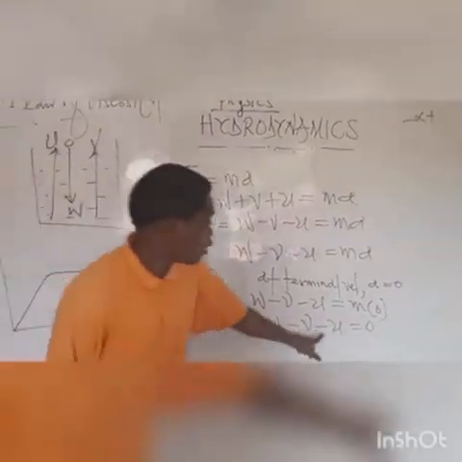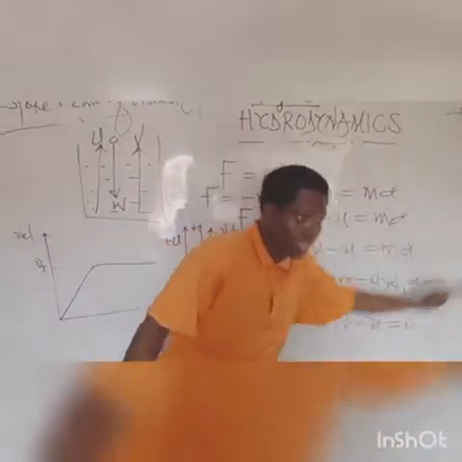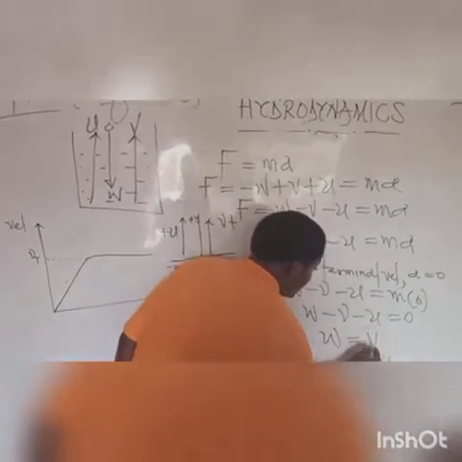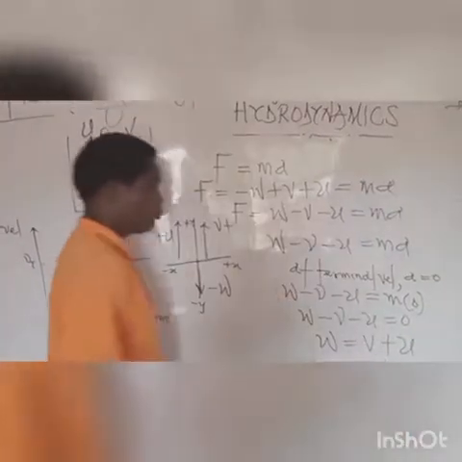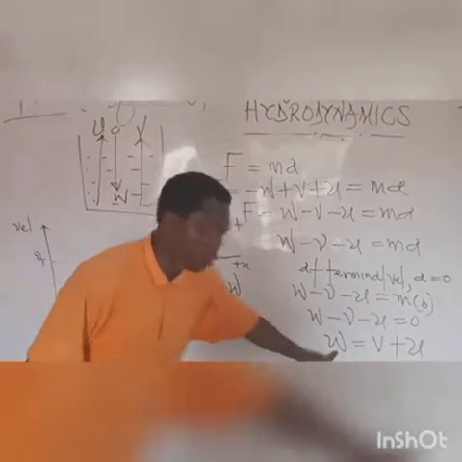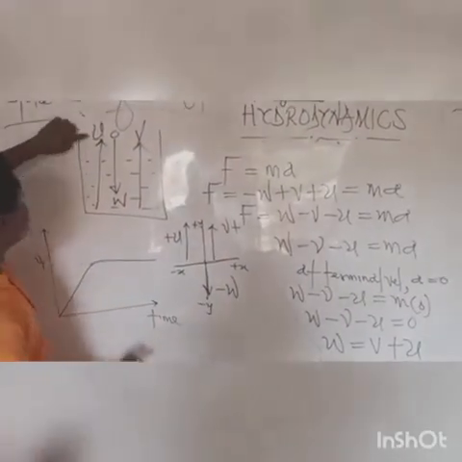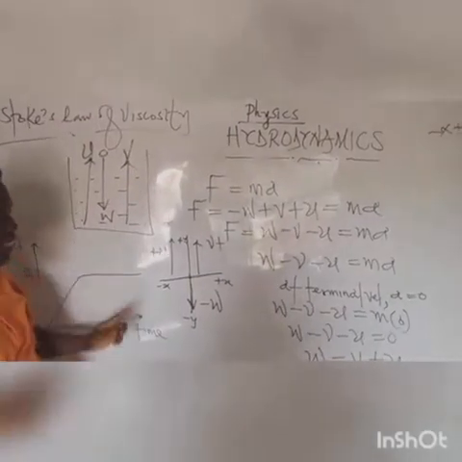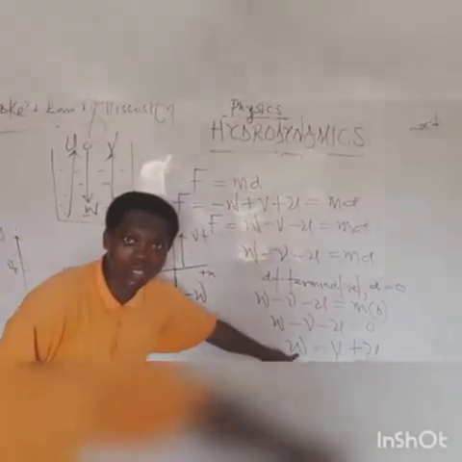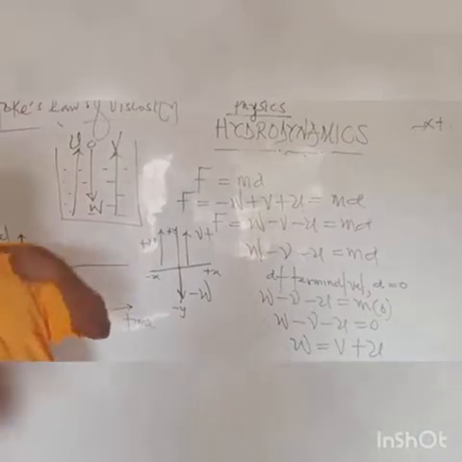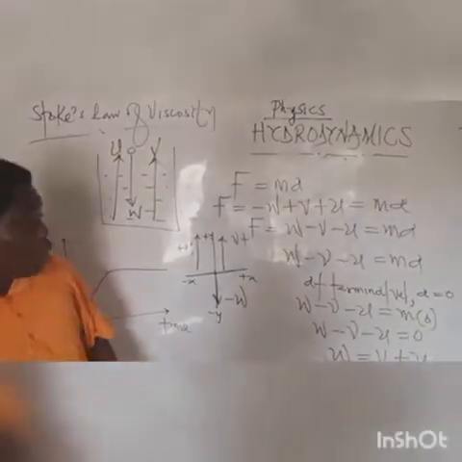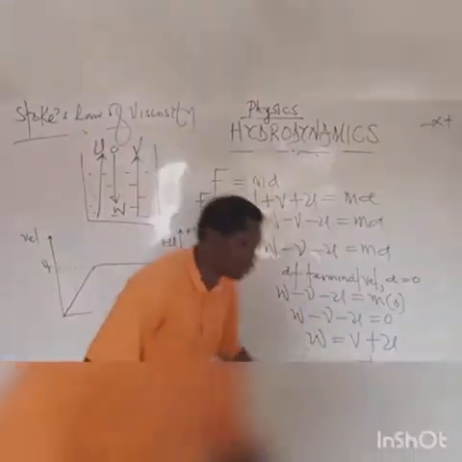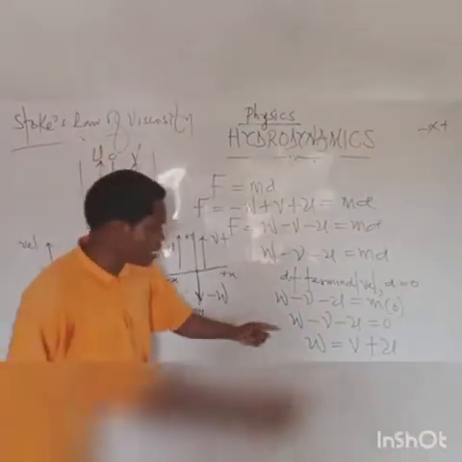Now, bring the negative terms to the other side. So you get W equals V plus U. What can you deduce from here? You will see that there are two upward forces, U and V, and a downward force, W. So at terminal velocity, there is equilibrium between the downward force, W, and the upward forces, viscous force and upthrust.